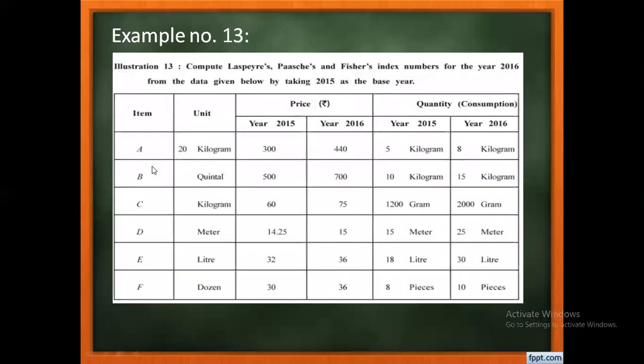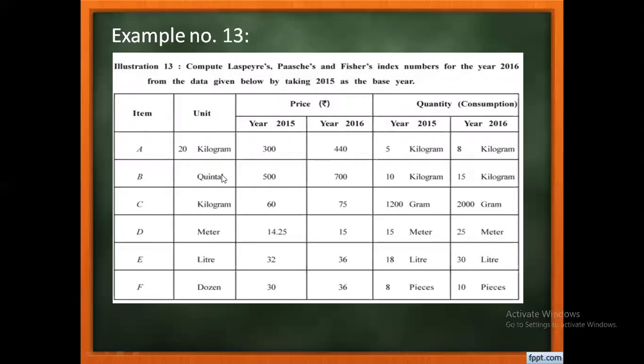So this 500 and 700 is divided by 100, and this is how the price is also converted into 1 kg, right? If I put the equation, 1 quintal, or I would say 100 kg, the price is 500. For 1 kg, it would be how much? 500 divided by 100, it would be 1.